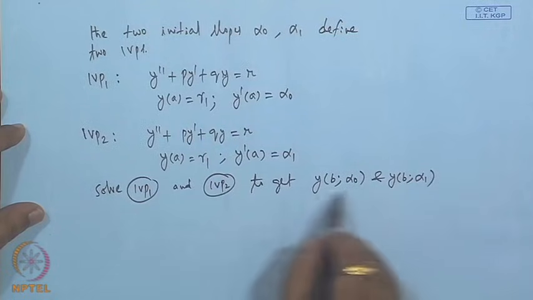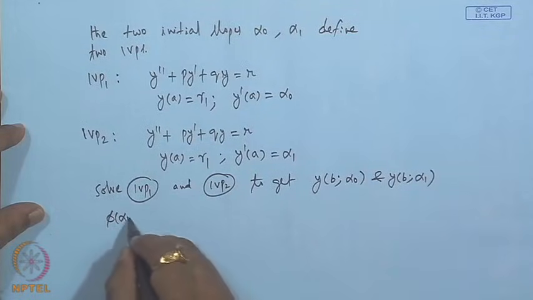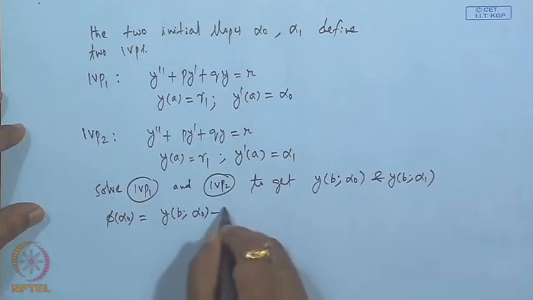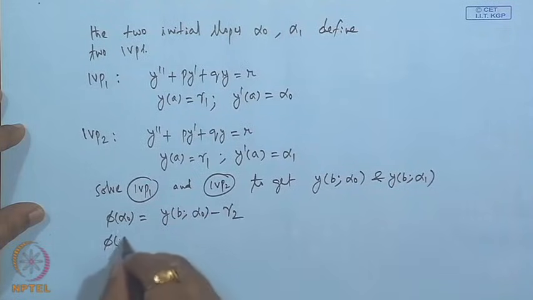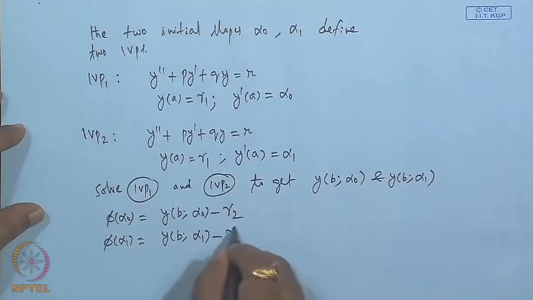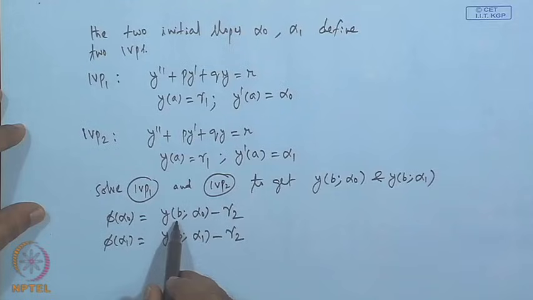So, when we know this, what will be phi of alpha 0 and phi of alpha 1? That means with this initial slope, if you start, what would be the value at the boundary point? Then how far we are from the actual target, because gamma 2 is our actual target.